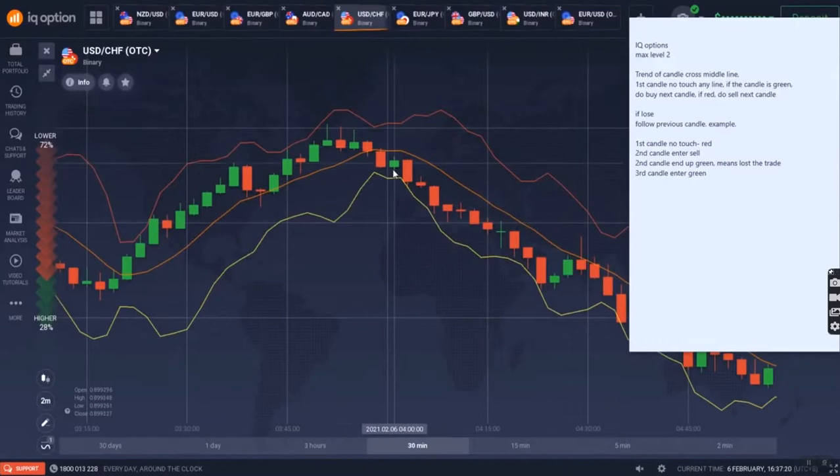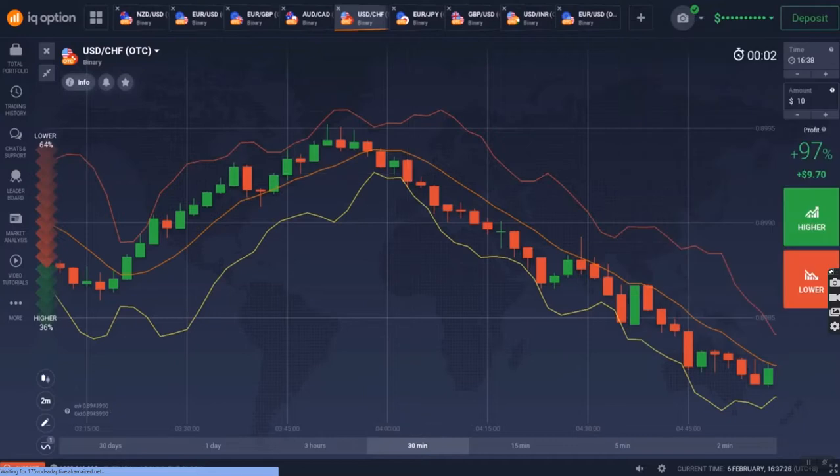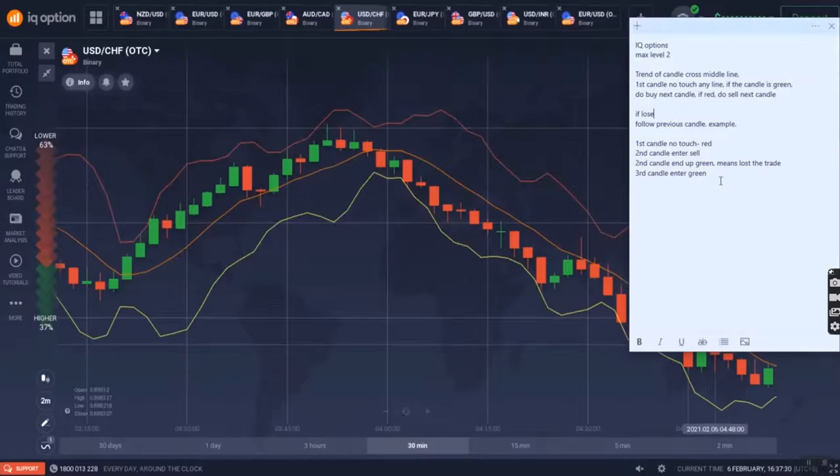The trend crosses, first indication of the candle. This is a green candle, so we will actually do a buy here. But this trade we lose. Once we lose this trade, for the second trade we follow the previous candle. Which means if the first candle, with no touch, is green, and the candle we lose on is a red candle, then at level 2 we enter on the red candle with a sell.